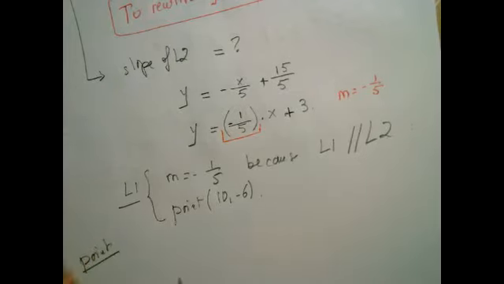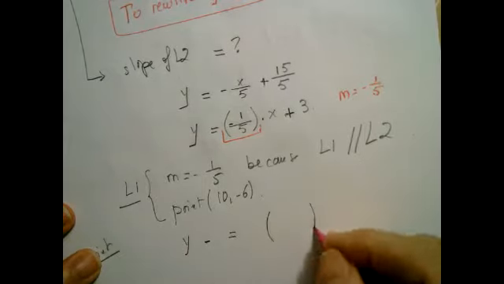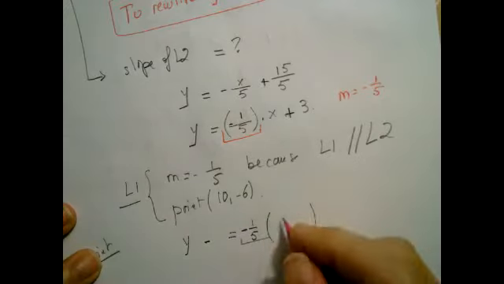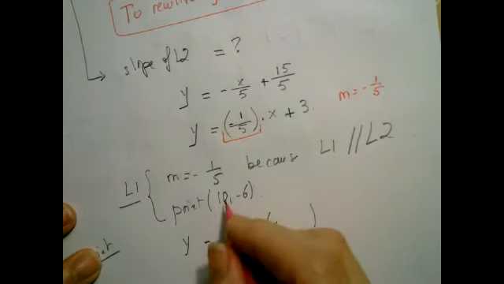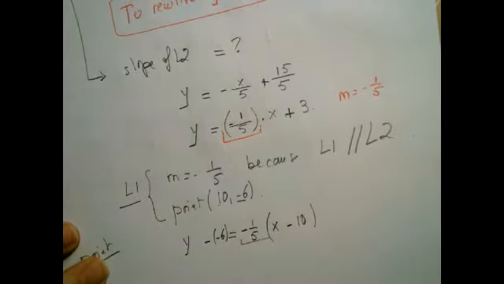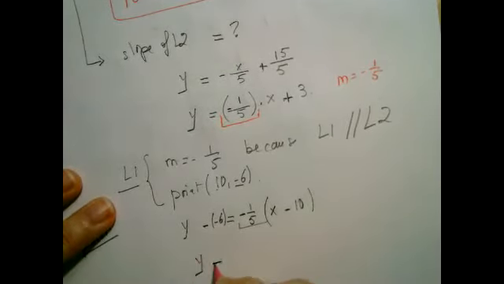So let's see what that tells me. y minus, equal this. Here is the slope, minus 1 over 5, and here the point. The point is minus 6 for y and 10 for x. Now I have to rewrite it in a good format. So this will give me y plus, you have to be very careful with your minus, equal.